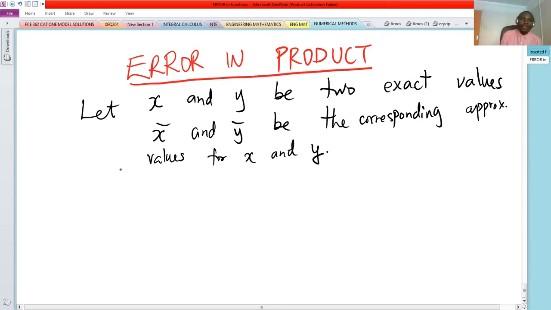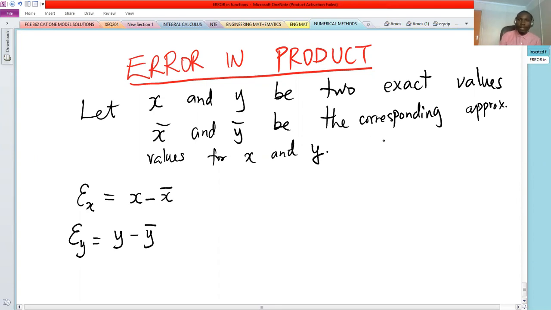And so therefore, we can define the error in x to be the true value of x minus the approximate value of x, and the error in y will be the true value of y minus its approximate value. This is just by definition of what we mean by error.